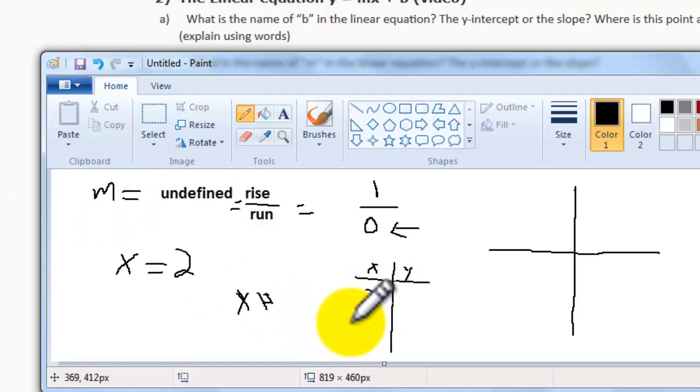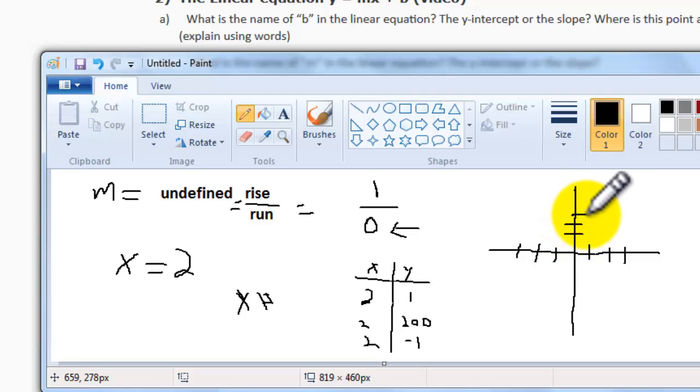So 2, 2 forever, no matter what the y value is. You can put in 1, you can put in 200, you could put in -1, you could put in -2. Whatever you do to the y value, x is always 2.